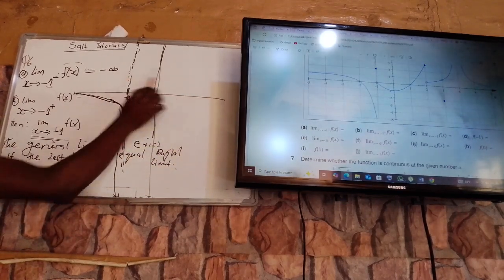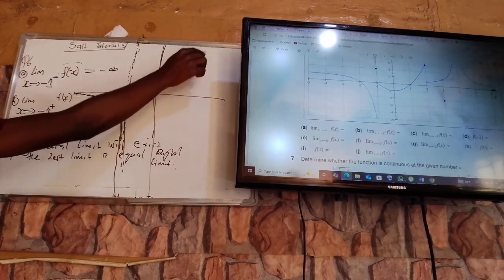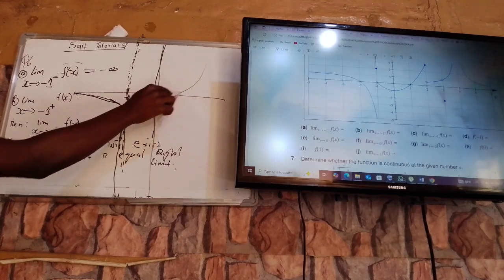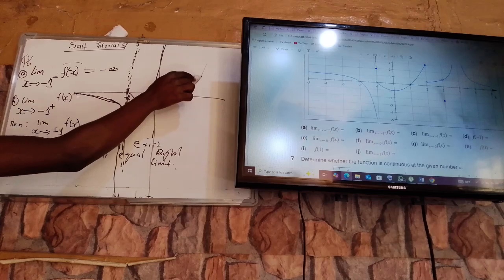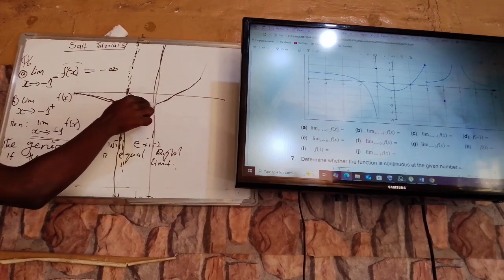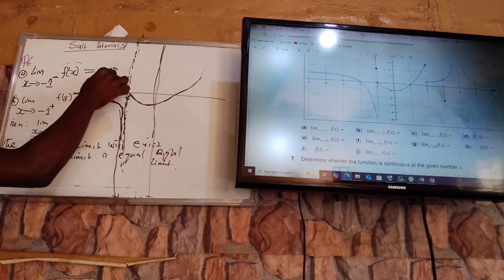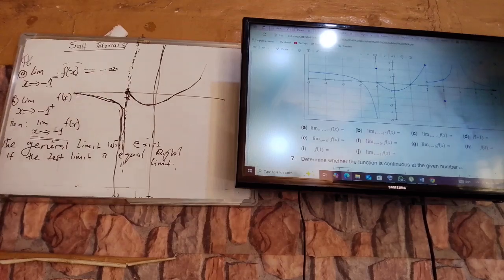The right side there is this graph, which is moving in that direction until it touches there. So you follow this route, coming down there, getting attracted to the line x equal to -1. And this graph comes to an end here, where it is open there as above. That's where it's going to end.